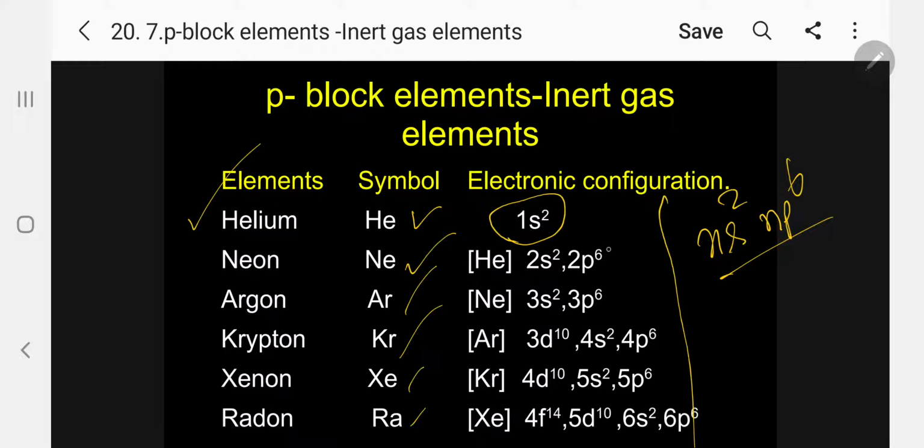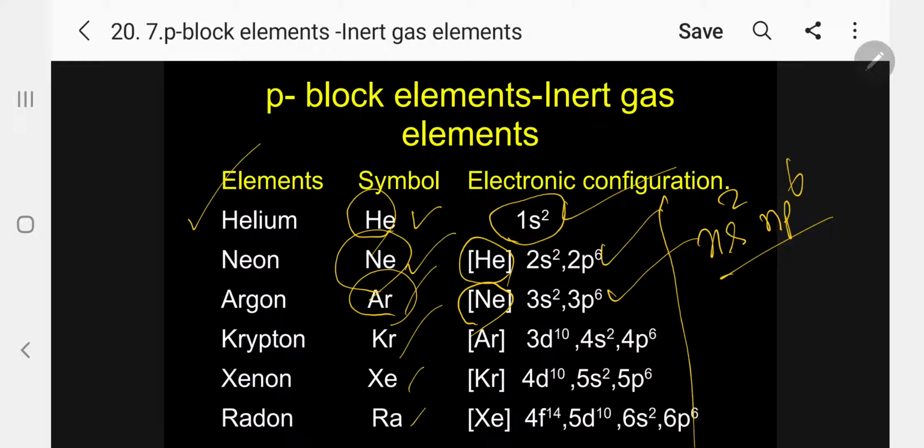Kindly follow. Helium directly 1s2, neon additional to helium 2s2, 2p6, argon additional to neon configuration 3s2, 3p6, krypton additional to argon configuration 3d10 4s2, 4p6, xenon additional to krypton 4d10 5s2, 5p6, radon additional to xenon 4f14 5d10 6s2, 6p6.